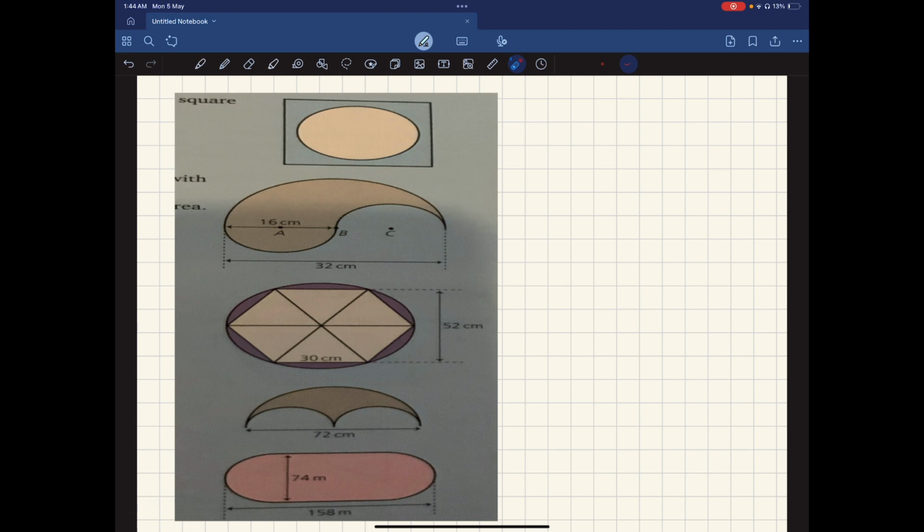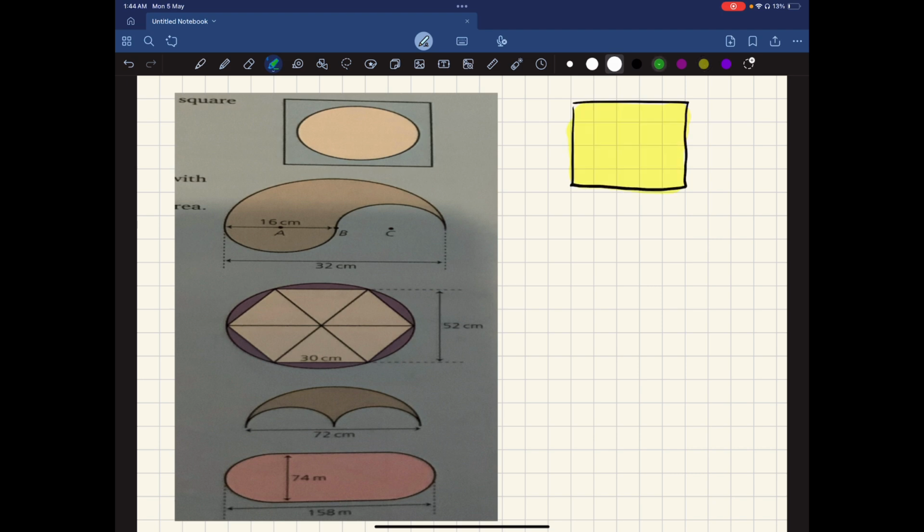Okay, see, what are you going to do about this shape? So first, you need to basically calculate this blue area, okay? So first, you're going to calculate the area of the rectangle, this rectangle.